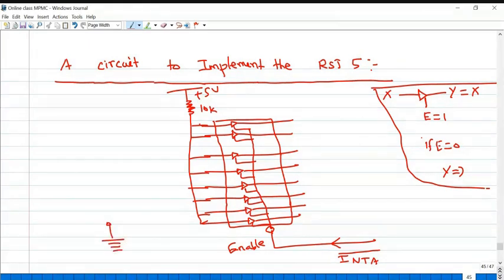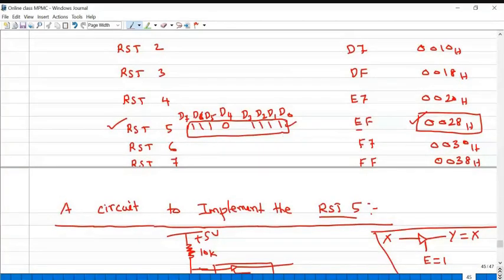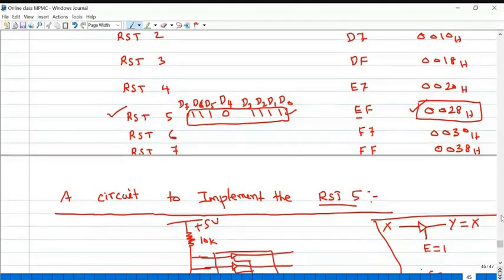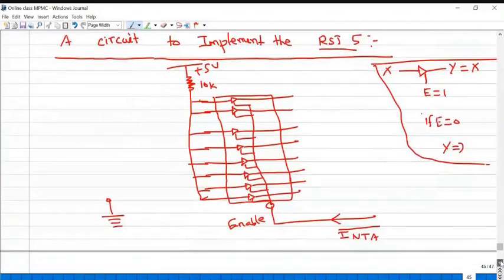Now the external hardware needs to send the RST signal. Say we are assuming RST5. How is the RST5 executed internally? The hex code for RST5 is EF, that is 1110 1111, starting from D7. So for the circuit diagram arrangement, let's assume this is D7, D6, D5, D4, D3, D2, D1, D0.